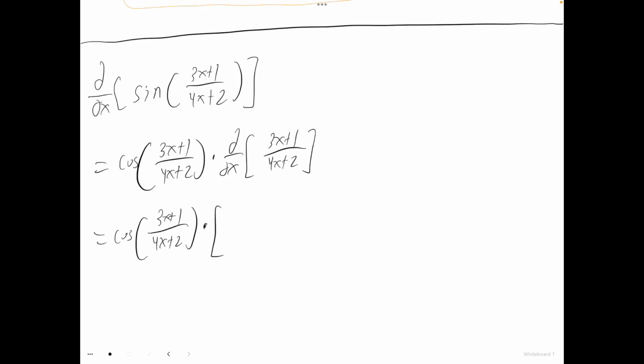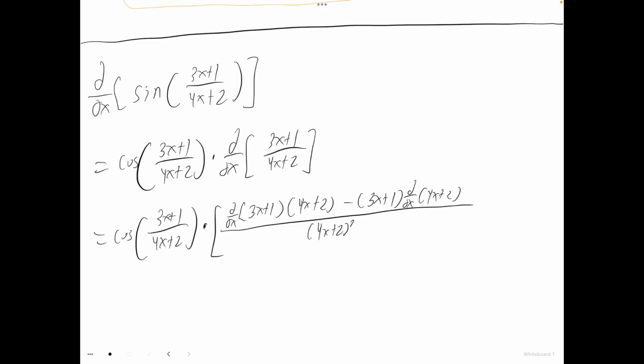We have a quotient here. So we take the derivative of the top times the bottom minus the top times the derivative of the bottom, all divided by the bottom squared.